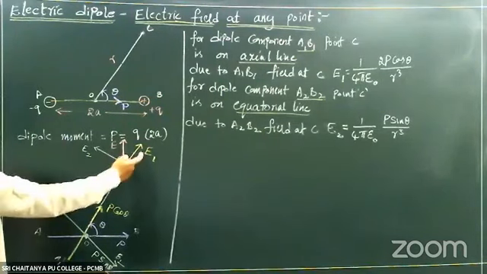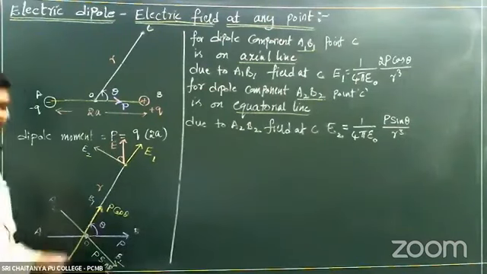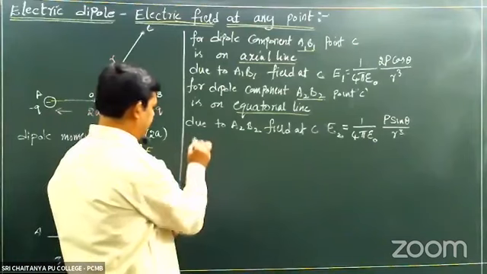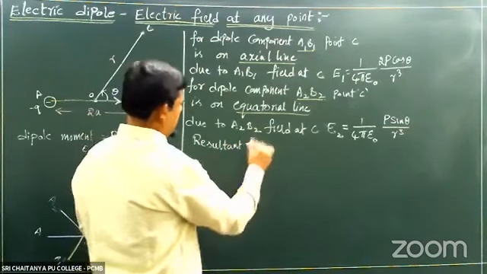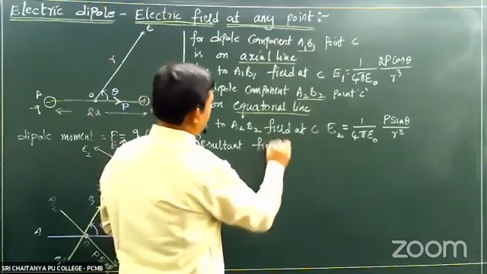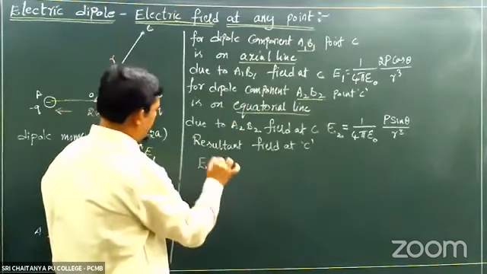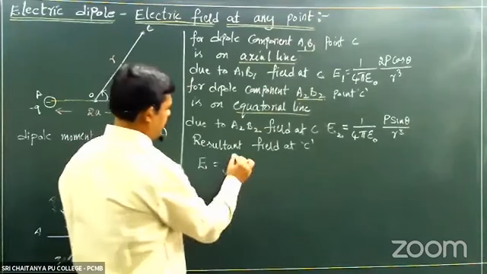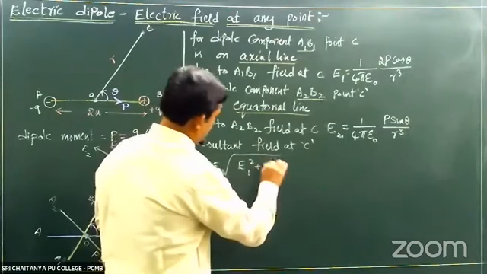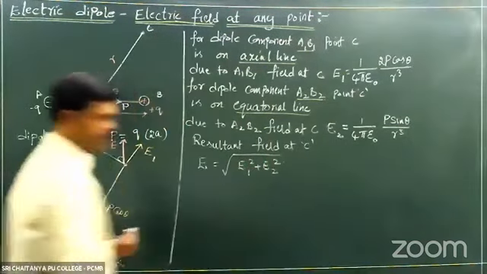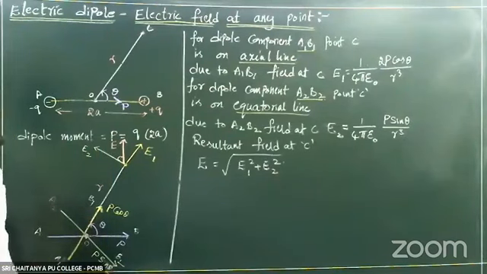When these are two vectors, if these are perpendicular, what is the resultant? Then resultant field at C, E, can be written as root over E1 square plus E2 square, because these two are perpendicular, right?